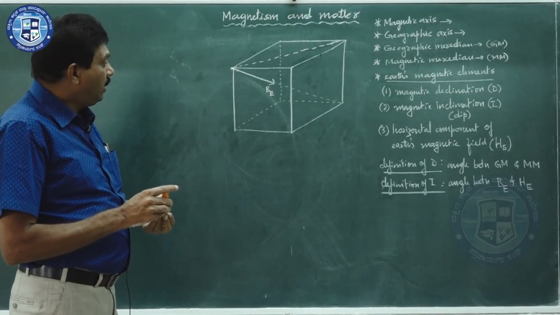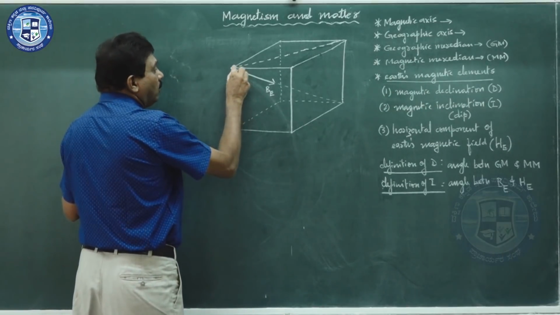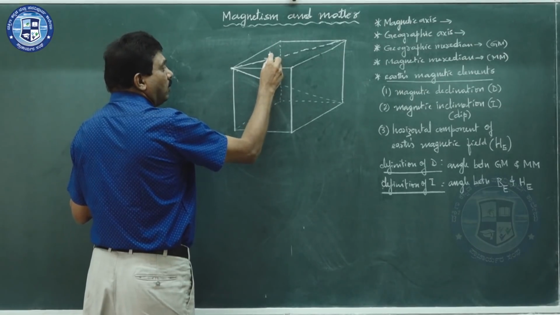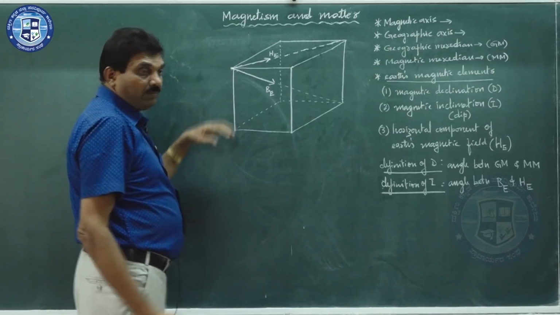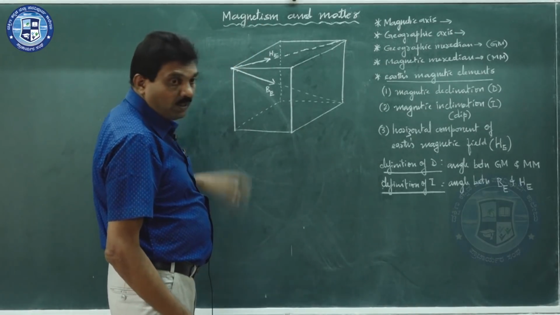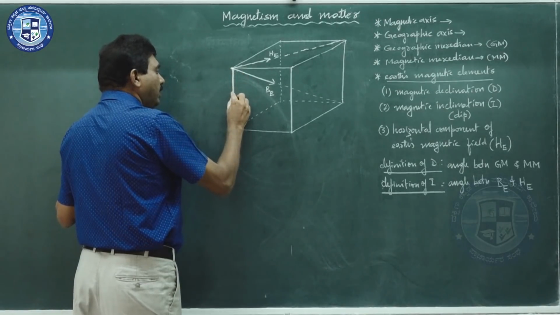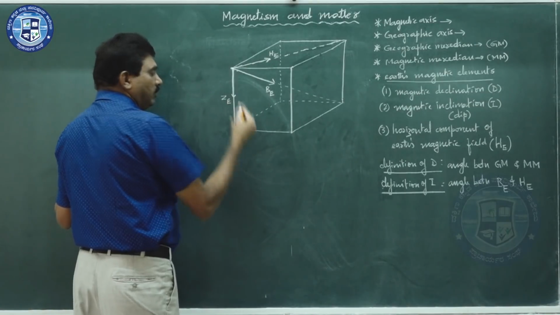And where is the horizontal component for that? The horizontal component of the Earth's magnetic field, HE, is here, and here is the vertical component of the Earth's magnetic field, ZE.